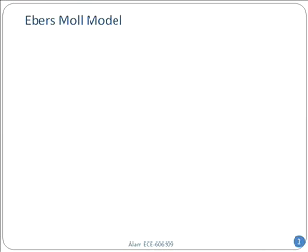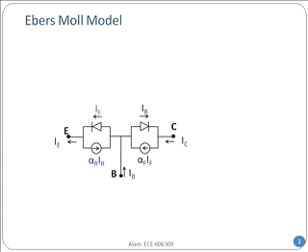Let me remind you that the Ebers-Moll model, in a very simple and elegant form, captures the essence of bipolar operation. We saw that the model essentially looks like this, with emitter, base, and collector. It is drawn here in a common base configuration because the base is common between input and output.